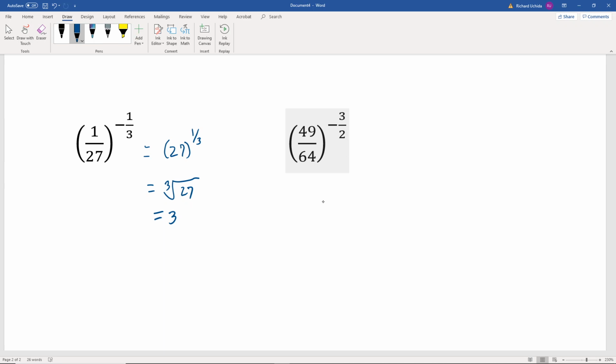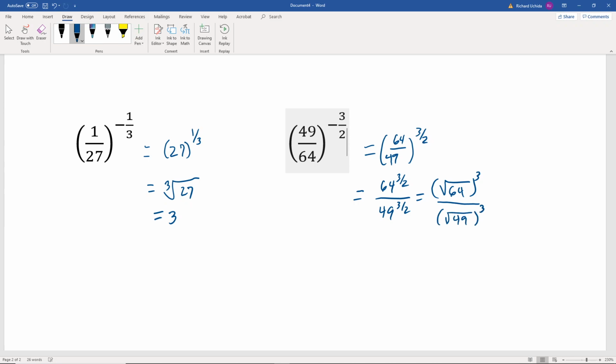And then 49 over 64 raised to the negative 3/2. You could think of that as the reciprocal, 64 over 49 raised to the positive 3/2. Then you could raise the numerator and the denominator each to the 3/2. So this will be 64 to the 3/2 over 49 to the 3/2, which would be the square root of 64 cubed over the square root of 49 cubed.